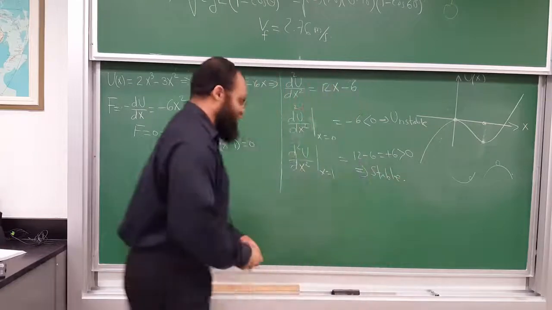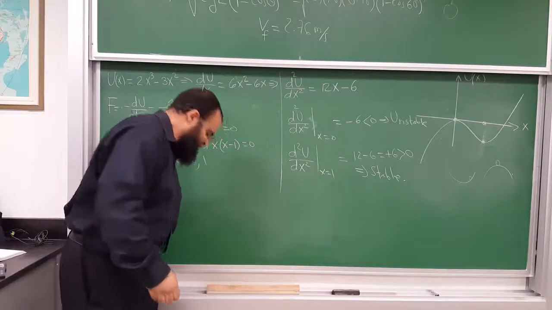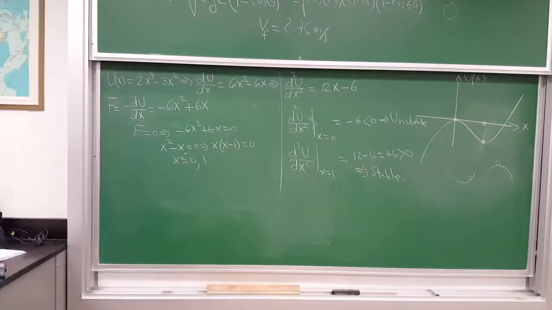So when x is 1, you get stable equilibrium, and when x is 0, you get unstable equilibrium. I would like to pause this and come back and do one more problem.